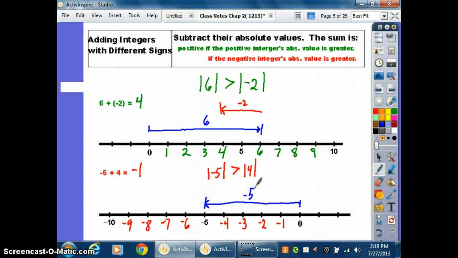Then we're going to go right from that point, up 4. Let's change colors. Try green. So we went up 4, and it takes me to negative 1.